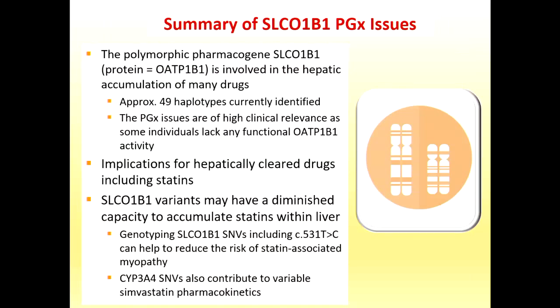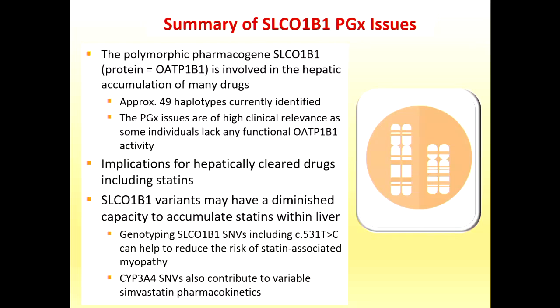Okay, well that's probably enough for SLCO1B1. Hopefully that's giving you a bit of an appreciation for how not only a P450 drug metabolizing enzyme is important in contributing to variable responses to drugs, but also the ability to transport drugs.